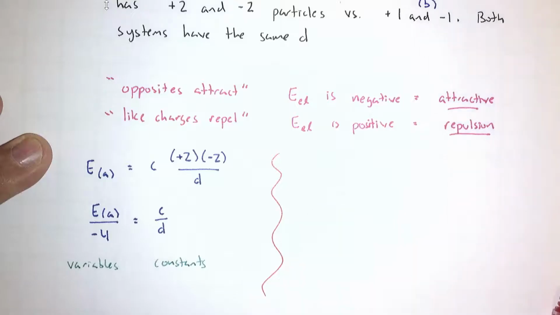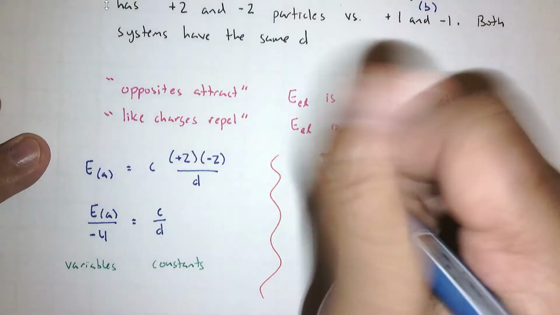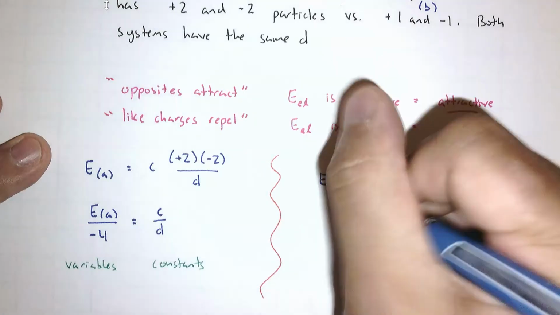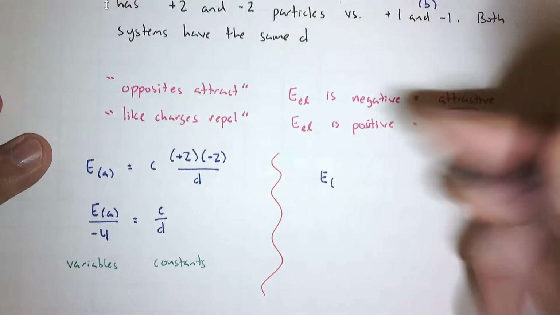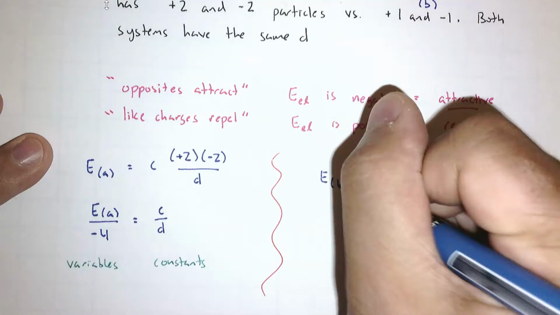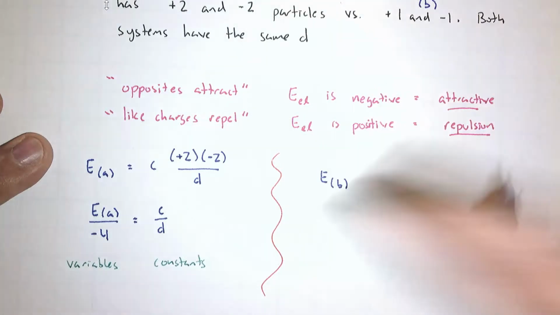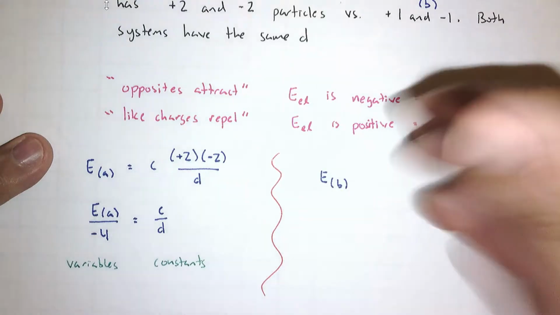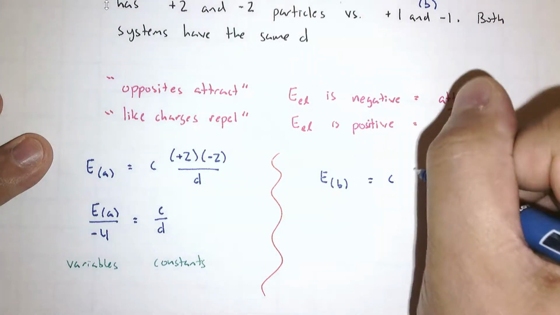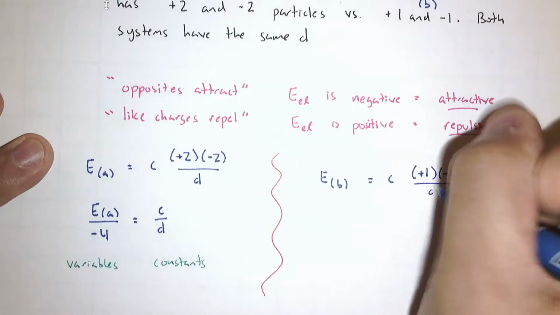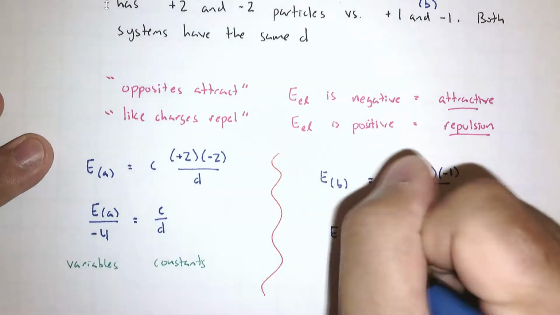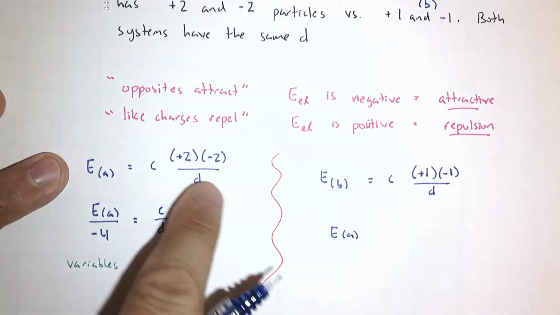Because I'm going to do the same thing for the other system. Now, it's going to have a different energy. Well, it actually may have the same energy, but right now we don't know that. So we'll call it electrostatic potential energy for B equals C plus 1 minus 1 over D. And check my math.